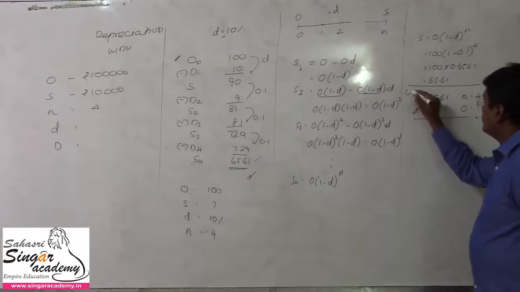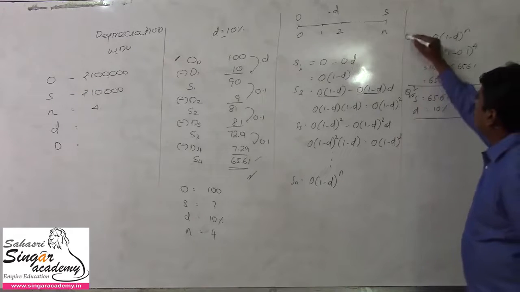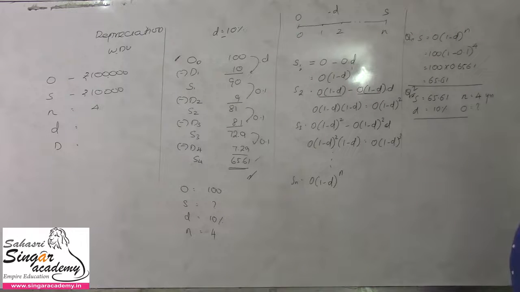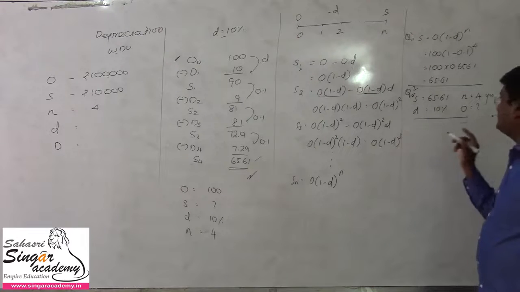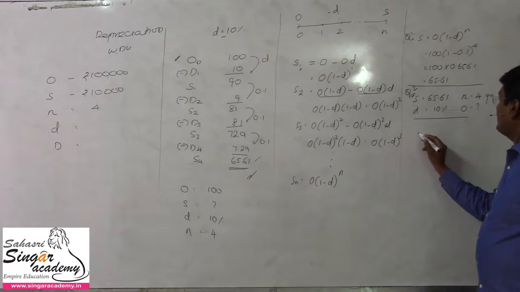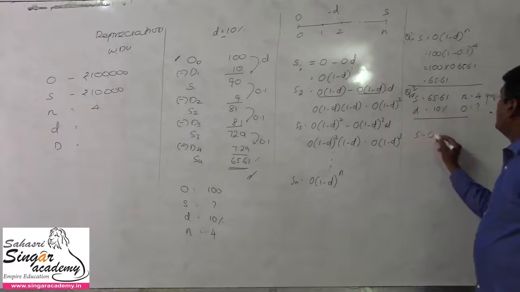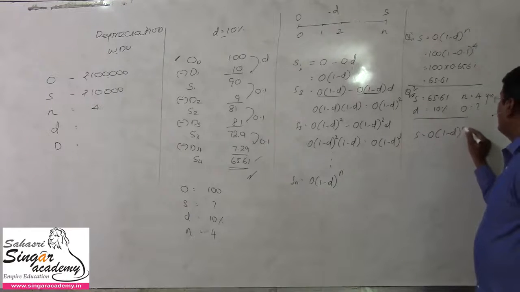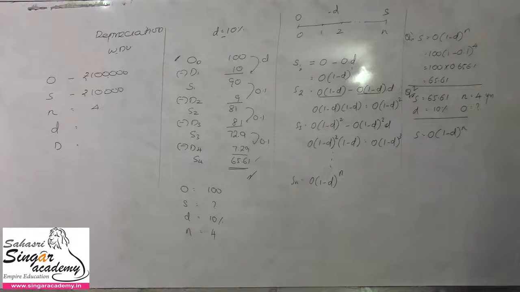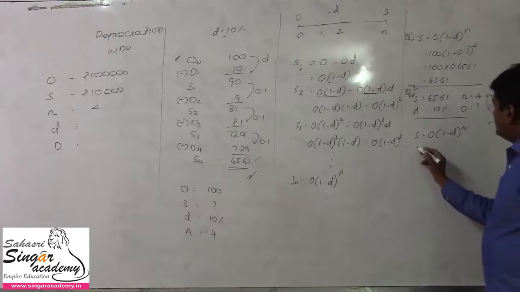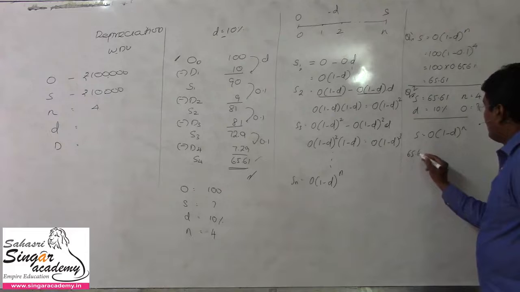So if we take this as question 1, this is question 2. In question 2, what do we do? In this illustration, S is equal to O into 1 minus D to the power n. S is a known number, 65.61.